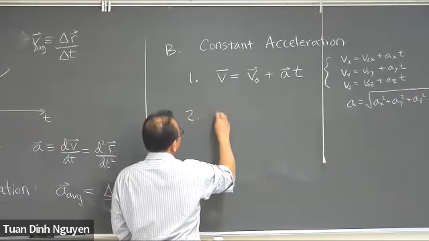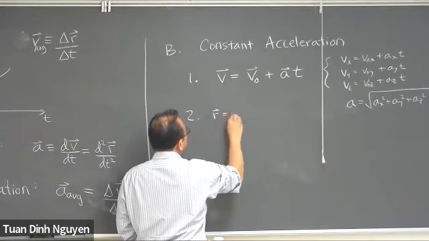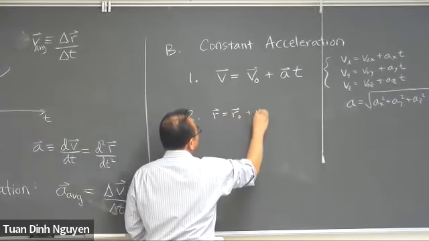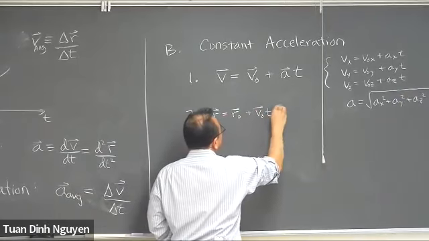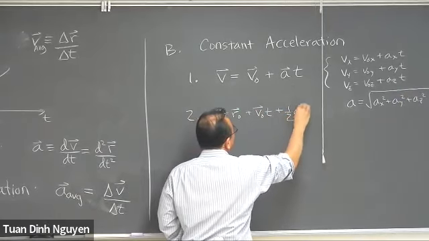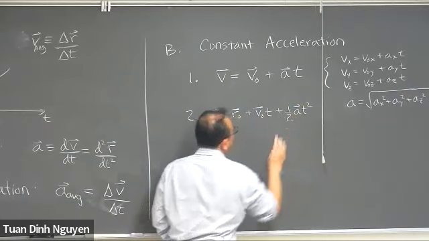And then the second one would be r equals r naught plus v naught t plus 1/2 a t squared.